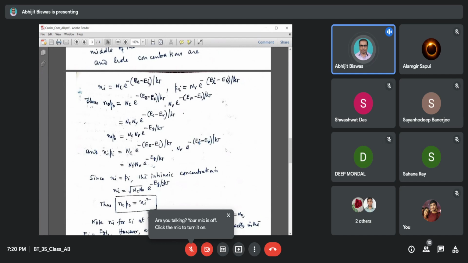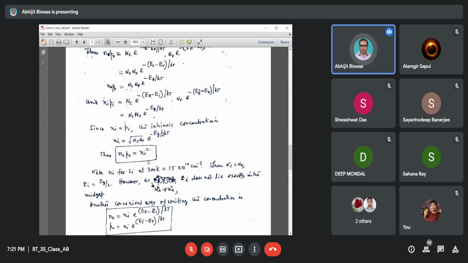So from this, you can also guess that the product will be higher as the band gap is lower, and it is actually related exponentially. In this way, you can also find the product of the carrier concentrations in silicon, and the same quantity for germanium, and you can compare also.